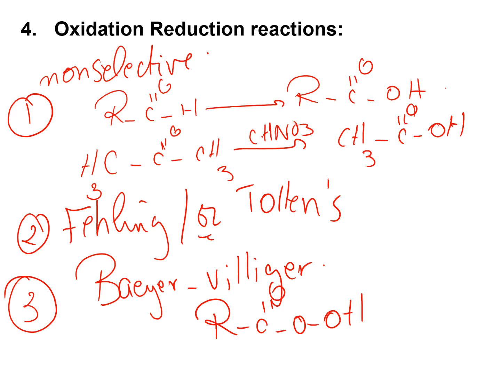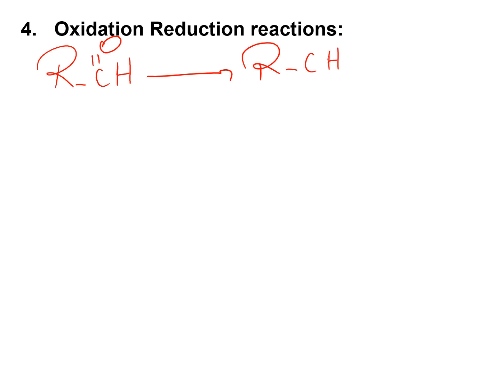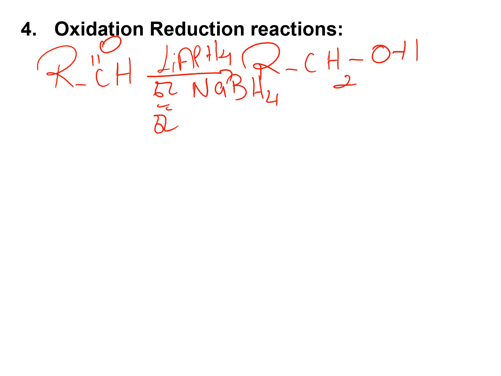Now we move to the reduction reactions. As we all know, if we reduce an aldehyde, it will be converted into the alcohol. What are the reagents that we can use? We can use all the metal hydrides. You can use lithium aluminium hydride, or sodium borohydride, or the regular catalytic hydrogenation.